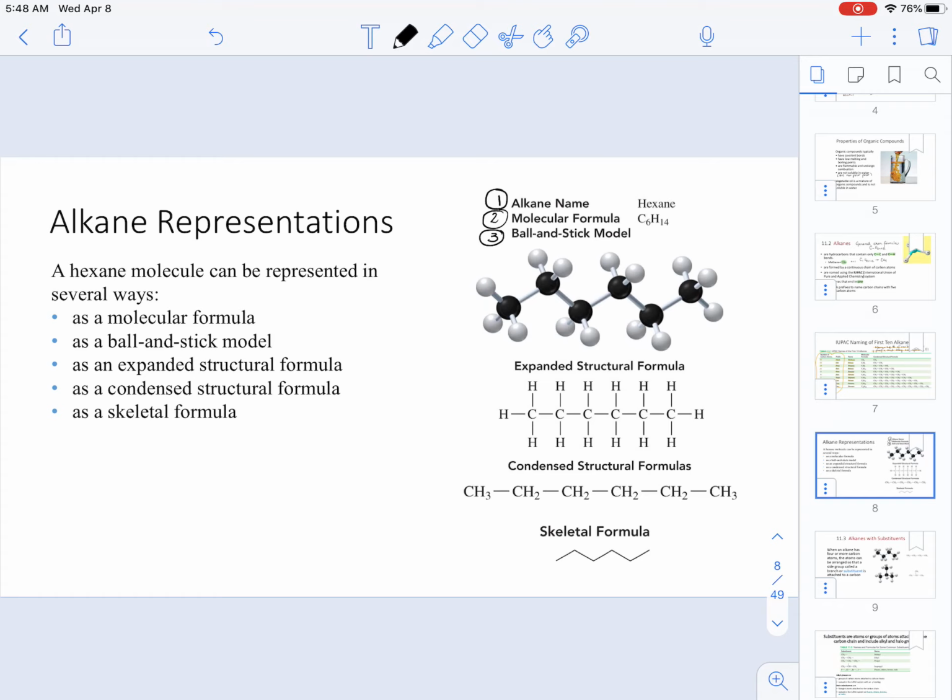Now, understand that the expanded structural formula is going to be like those Lewis structures that we explored previously. They are called expanded formulas because you can see the carbon atoms, and you can see, in this case, because we're dealing with hydrocarbons, the hydrogens that are bonded to them.